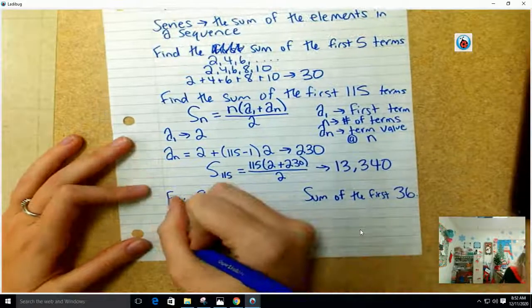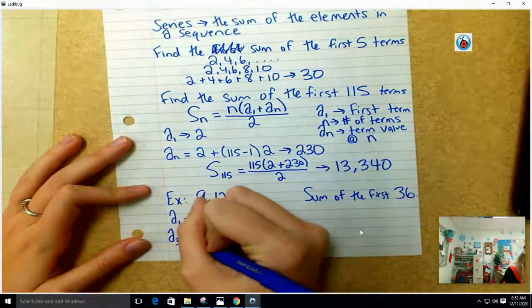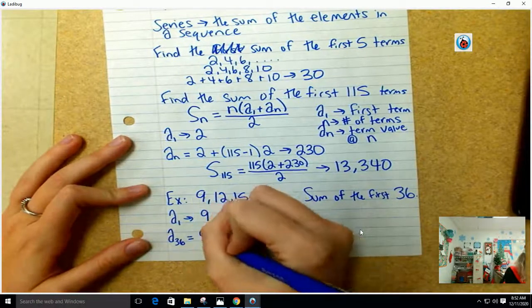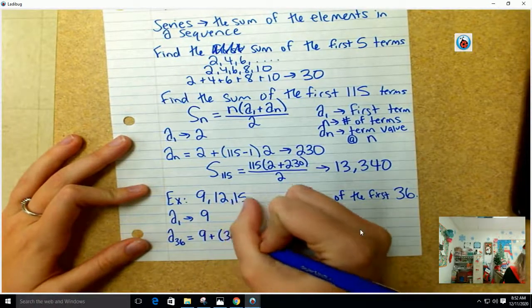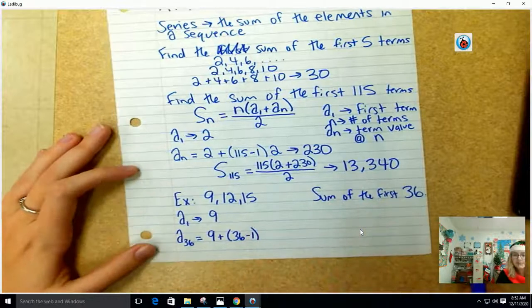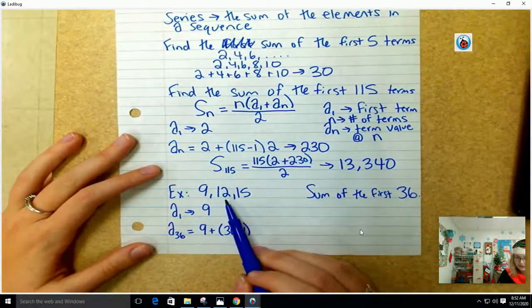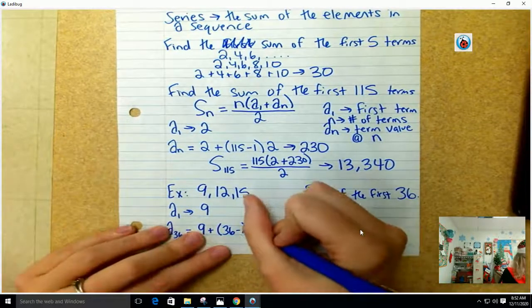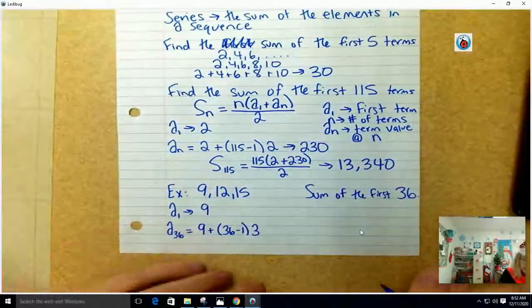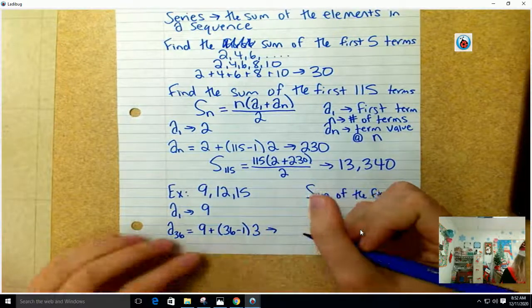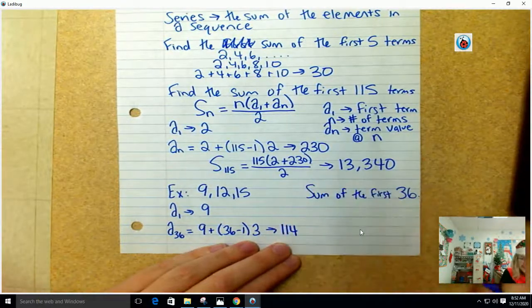We're going to have to find our A sub 36. So that's going to equal our first term plus our n minus 1 times our common difference. So 9 plus what's going to give me 12? That's going to be 3. 12 plus 3 also gives me 15. So 3 is my common difference. When I do all that, I get that the 36th term is 114.